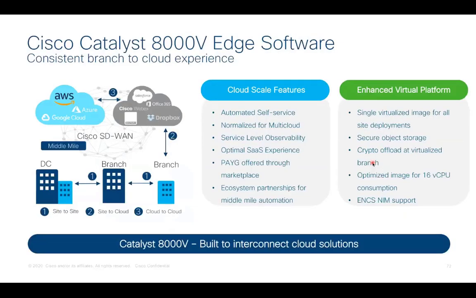So let's quickly talk about some of the use cases. First thing I would like to call out is branch to cloud connectivity. Customers can deploy Catalyst 8000V in the branch on an ENCS hardware platform and connect it to 8000V in a transit network in the cloud. This provides a consistent user experience, as the same IOS XE router connects the customer from branch to cloud. The second use case is a transit network gateway across multiple clouds.